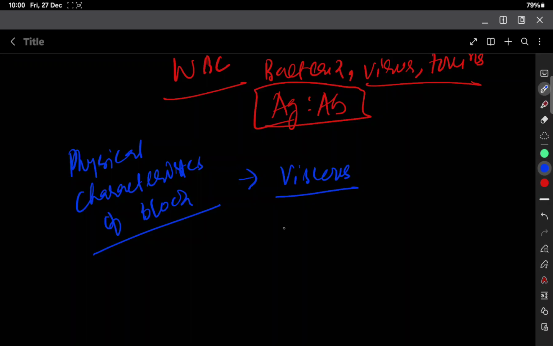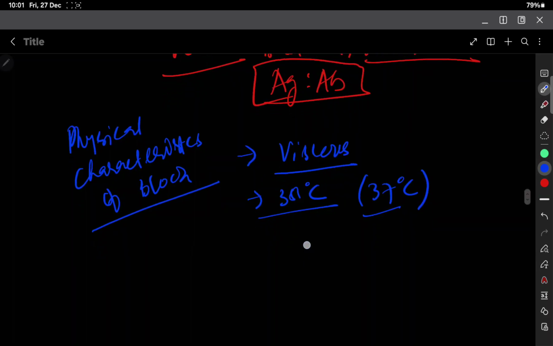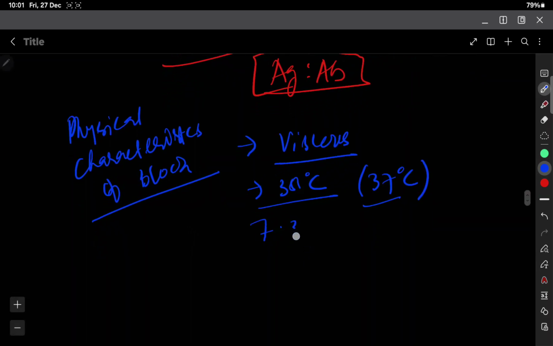The temperature of the blood is almost 38 degrees Celsius, which is slightly higher than the normal body temperature of 37 degrees Celsius, so almost 1 degree higher. It has an alkaline pH of about 7.35 to 7.40, slightly alkaline in nature.